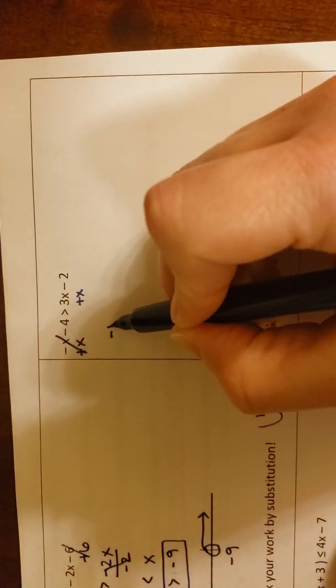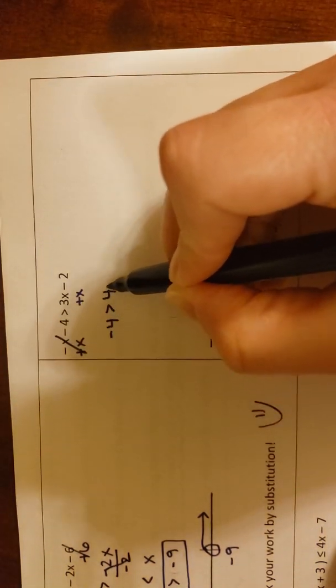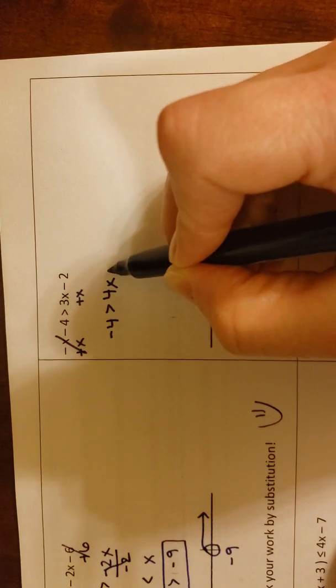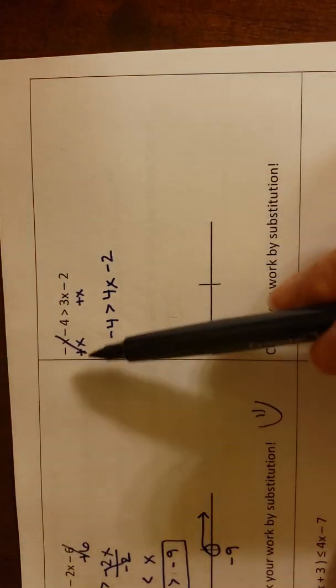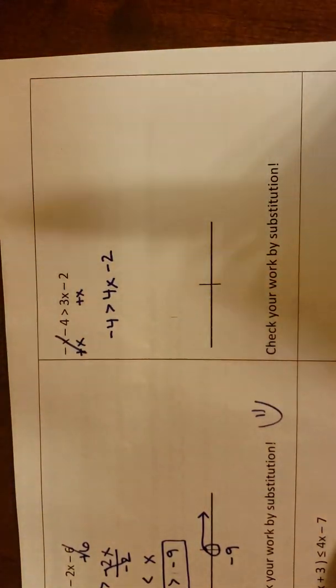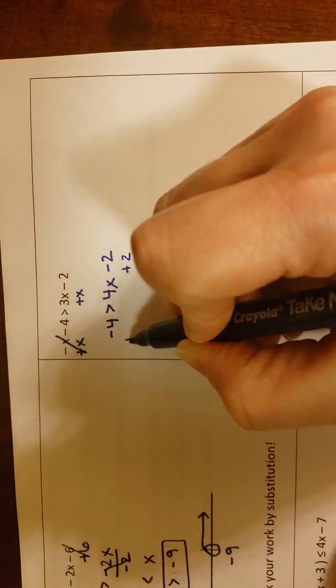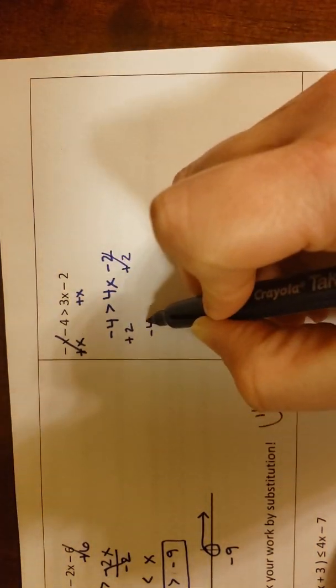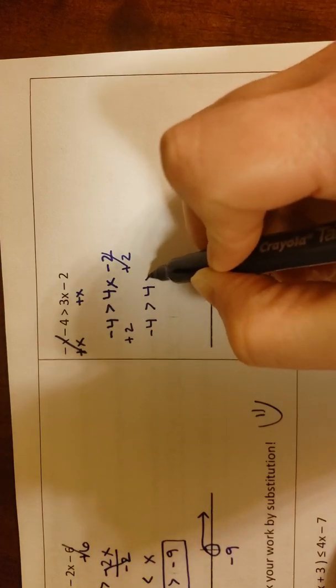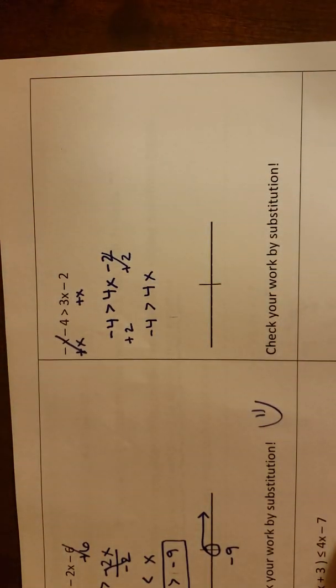But you do you. You do whatever you want. If you like to put all the variables to the left, you do that. Okay? I only did addition. I didn't do multiplication or division, so I don't have to worry about flipping my sign. And then I'm going to do this. Again, I didn't flip the sign because I didn't multiply or divide.